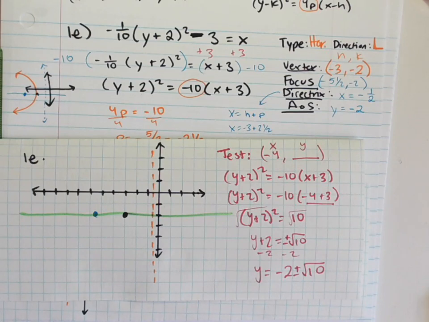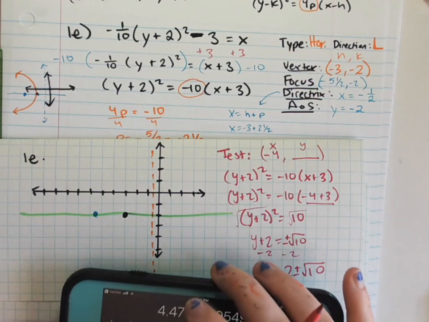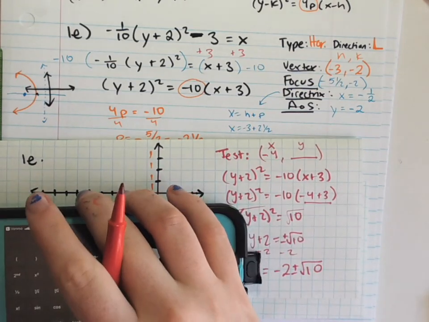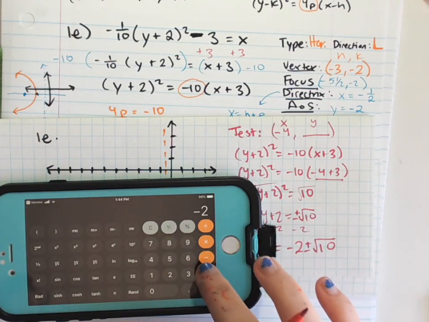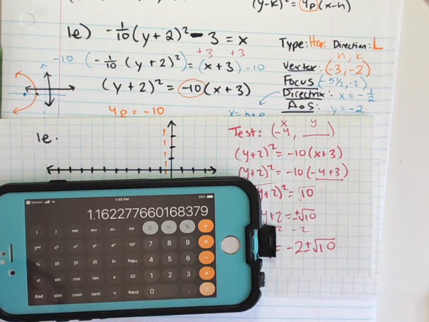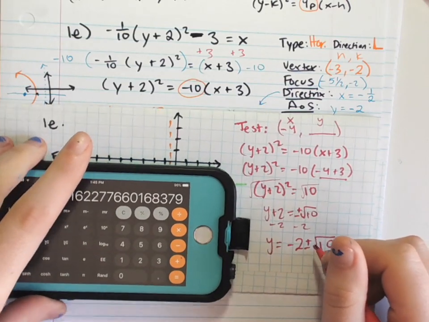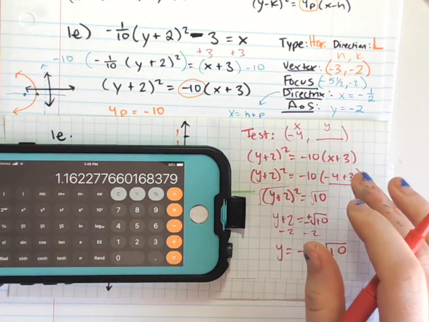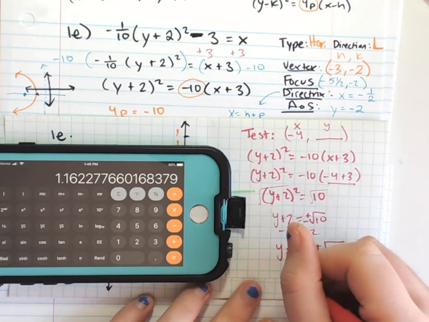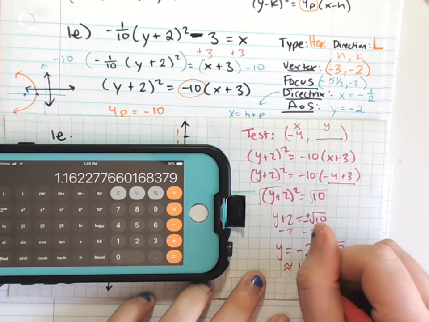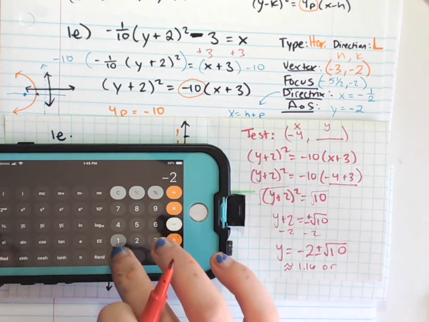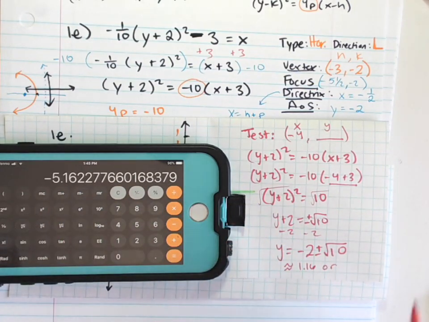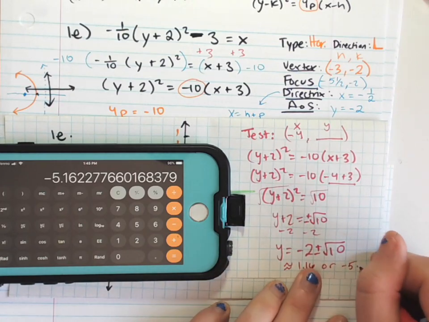So we've got negative 2 plus the square root of 10 equals 1.16, and negative 2 minus the square root of 10 equals negative 5.16.